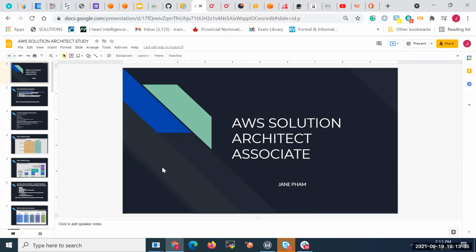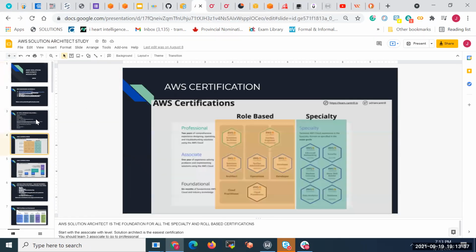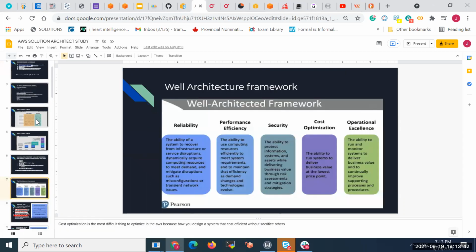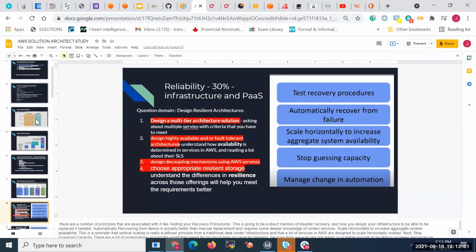Okay, so let's do some review on this. You have read on this well-architected framework, right? Yes. Awesome. I have very good videos on O'Reilly where the Pearson instructor explains what it means by reliability and how to design a multi-tier architecture solution.